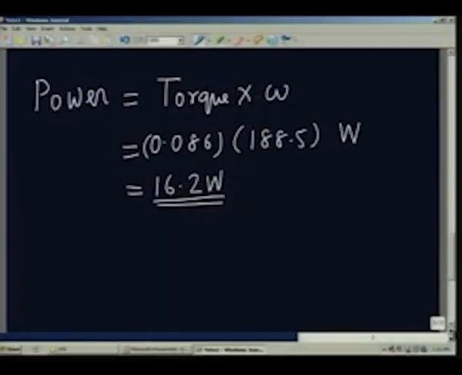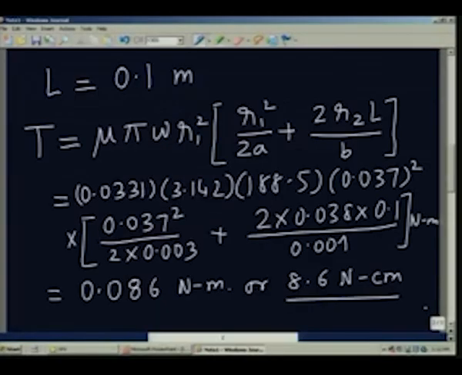The part which I am not going to work out here is the error analysis, but I would like to give a certain hint, so that the student will understand how to go about it. For that, let us go back to the previous page. Here I have torque given by this expression. The torque contains measured quantities. Mu, we have not given any error bar on, and therefore we will assume that it is not prone to any error.